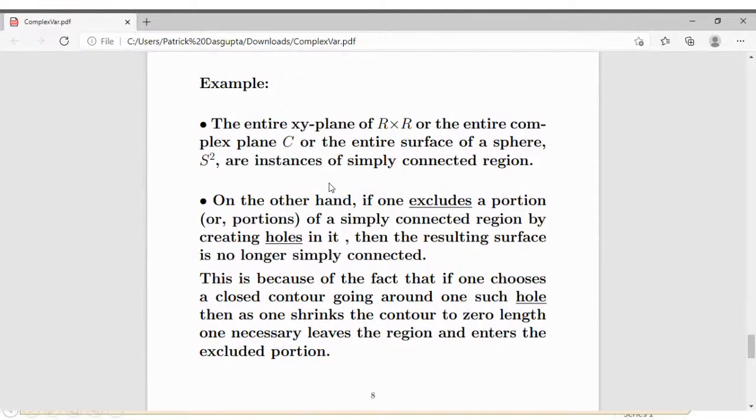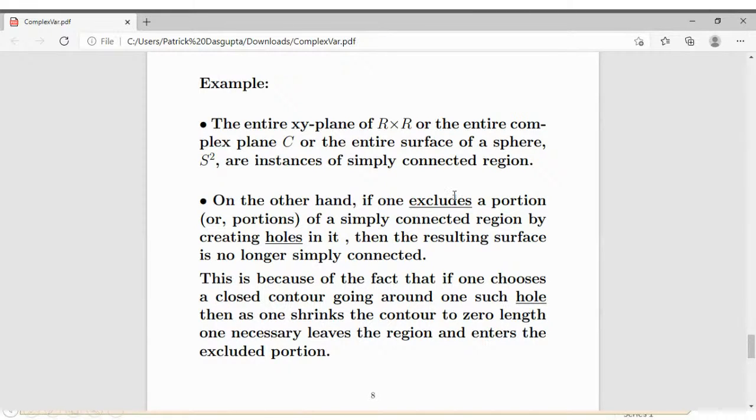Then such a set, of course, from any point to another point, you can go. However, although it's a connected set, that means if you take a plane and dig out a hole, you remove a small patch from this plane, then although you can go from one point to another point along a path, it is not simply connected.